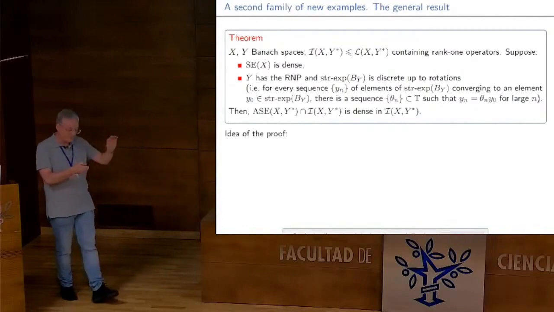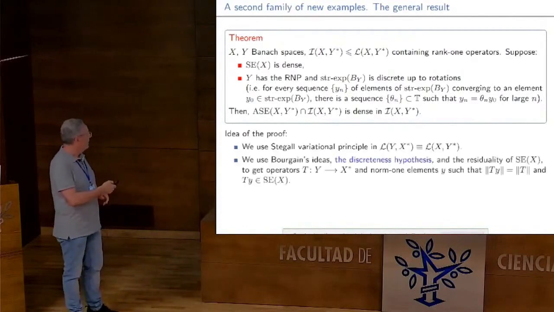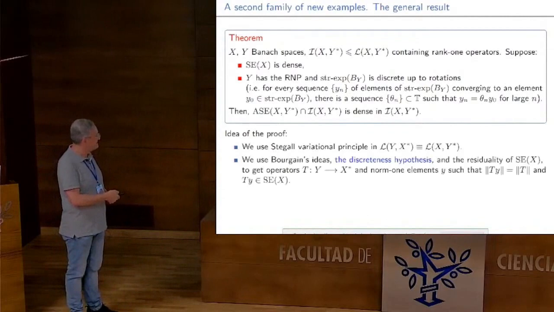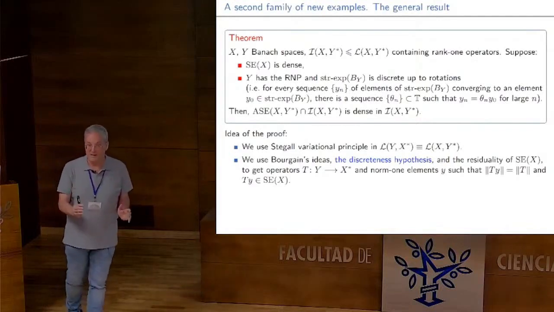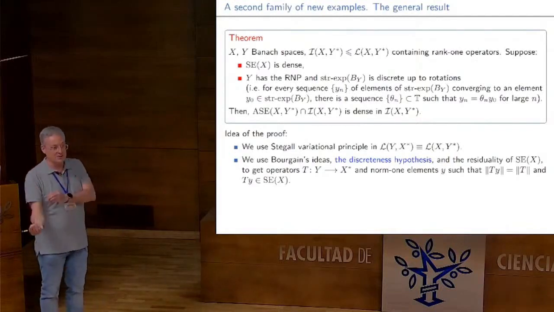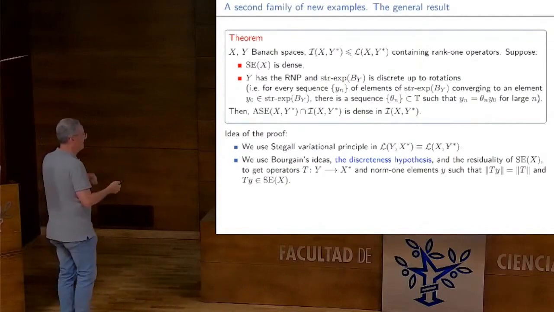Well, just a brief idea of the proof. The idea is very nice: going from X to Y star is absolutely the same as going from Y to X star. These two spaces are isometric, just taking the adjoint and restricting the adjoint to X. There's nothing magical here.